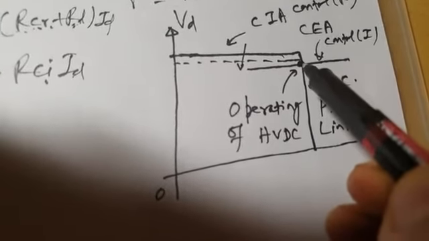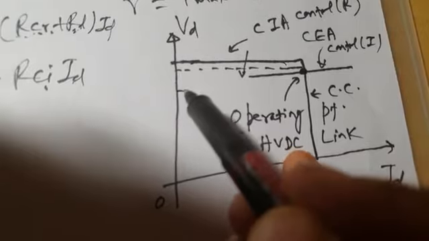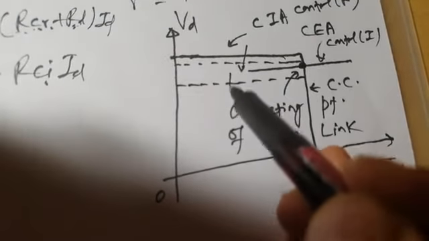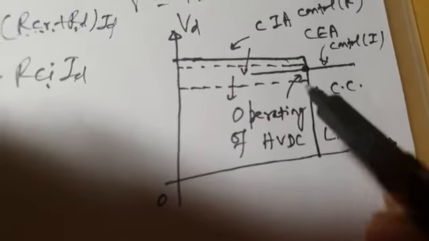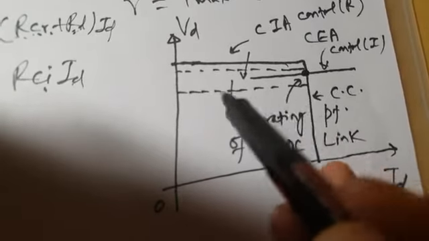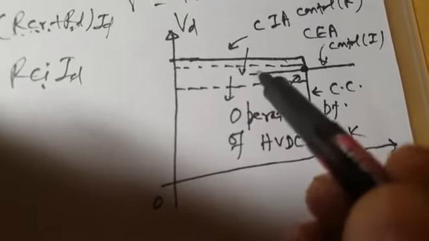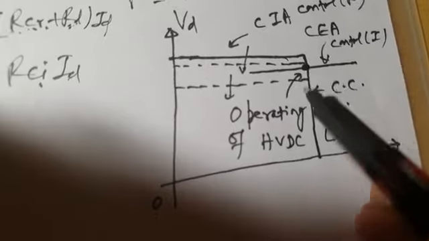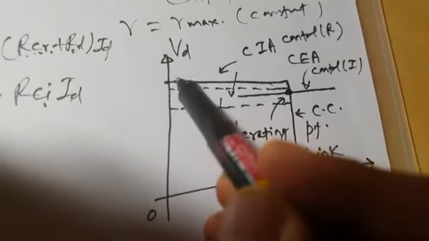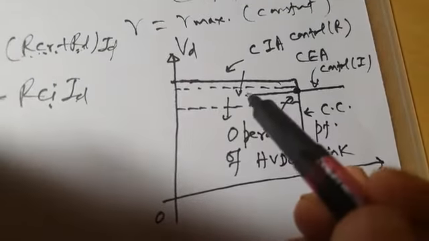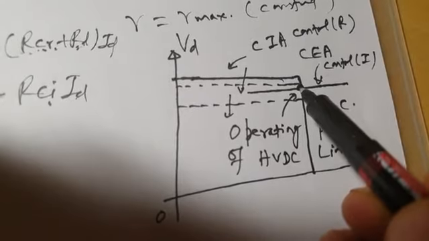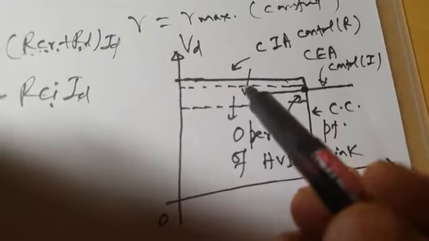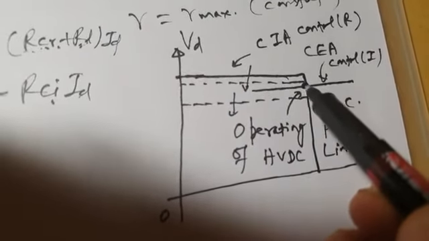You still have operating point at this. But if rectifier characteristic falls below this inverter, so this is your rectifier characteristic, CIA plus CC, and this is inverter characteristic. The two characteristics are not intersecting each other. Here the rectifier characteristic and inverter characteristic, they are intersecting, and this is the operating point. If rectifier side voltage dips, still you have point of intersection.